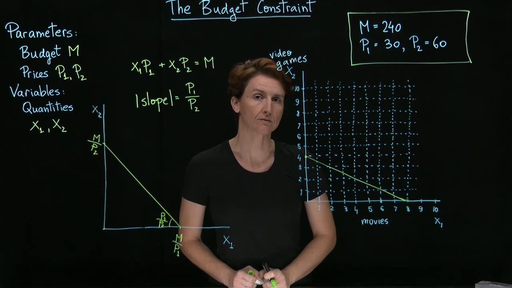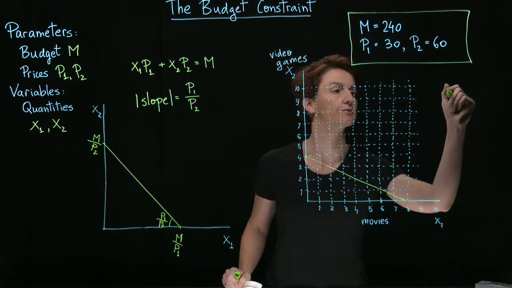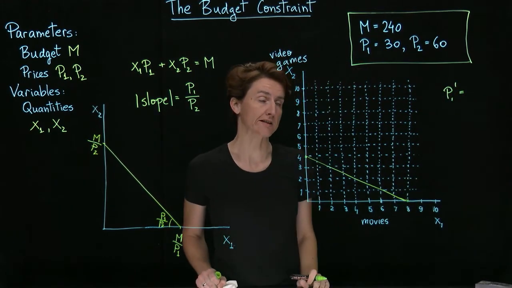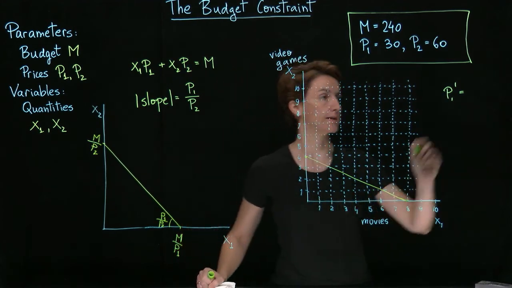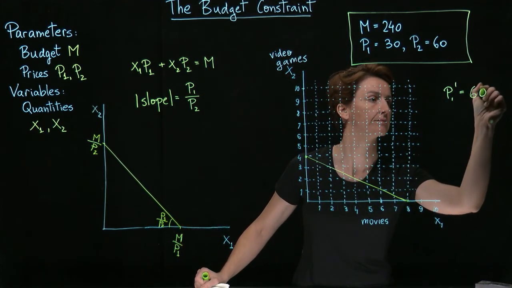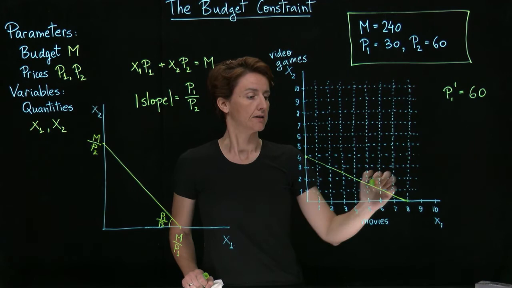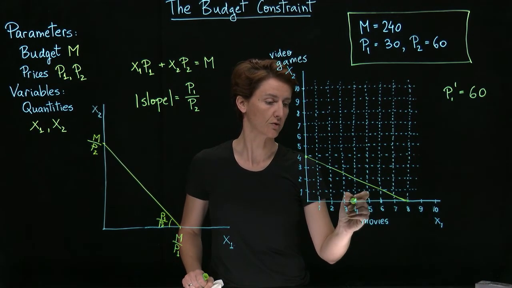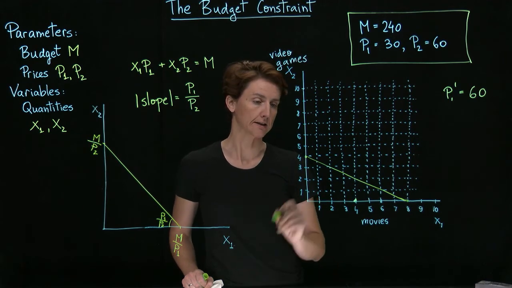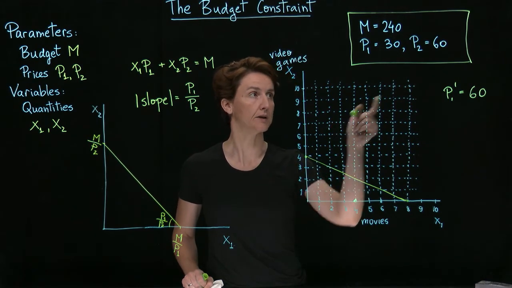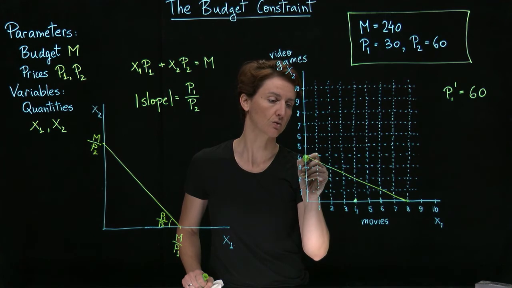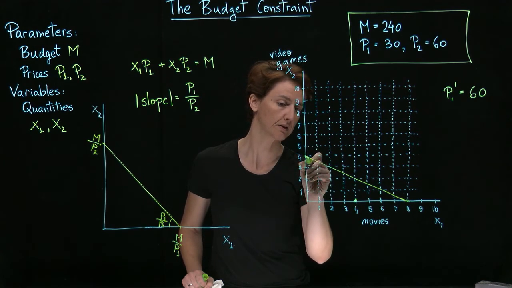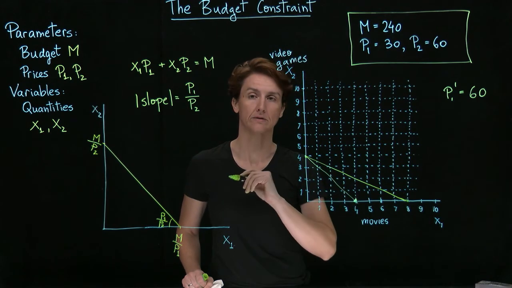What if the price of good 1 changes? Suppose, for example, that movies become more expensive and they now cost $60 each as well. Now, this intercept will shift in because we could afford at most 4 movies. The trade-off rate will be 1-to-1 because prices are the same. So every time you buy 1 less video game, you could buy 1 more movie, and the other way around.